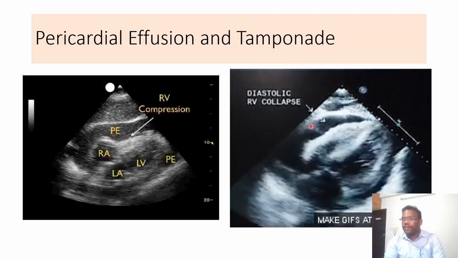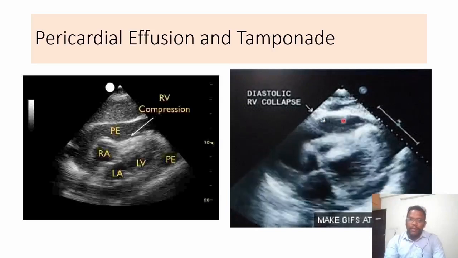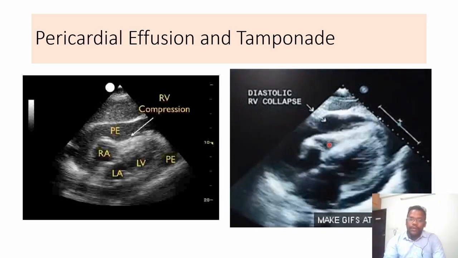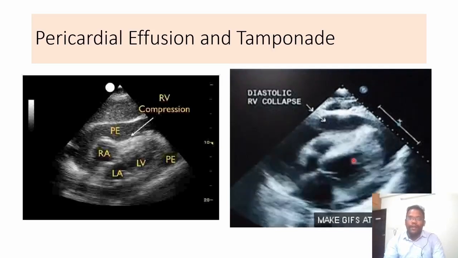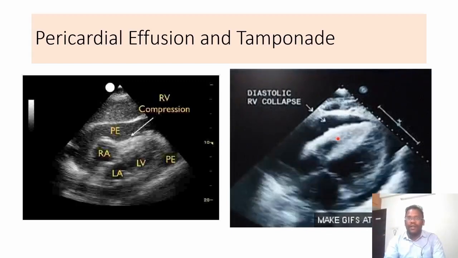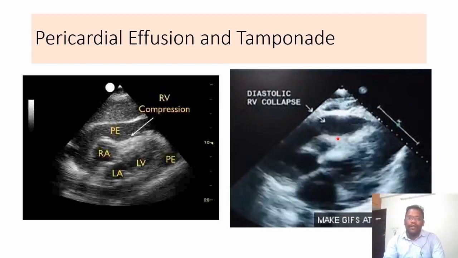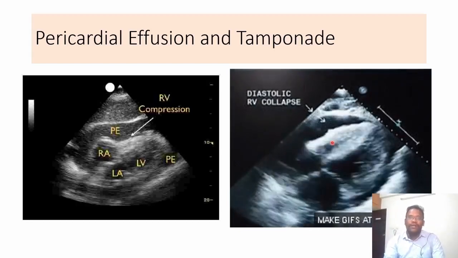Here we can see the structures. This is the pericardium, and this is the massive pericardial effusion, and you can see the right ventricle, right atrium, and left ventricle, and you can see both the right atrium and right ventricle are collapsing. But how do we check whether the right ventricle is collapsing during diastole or systole?